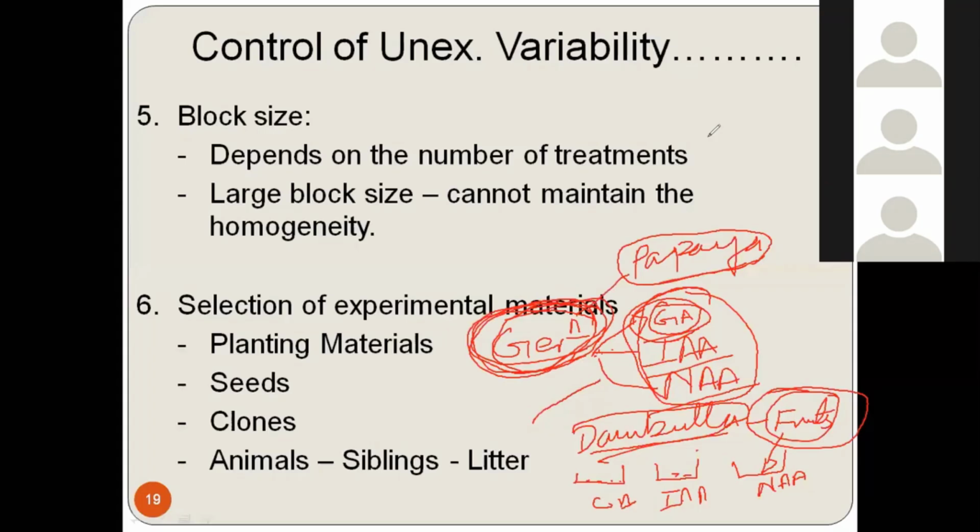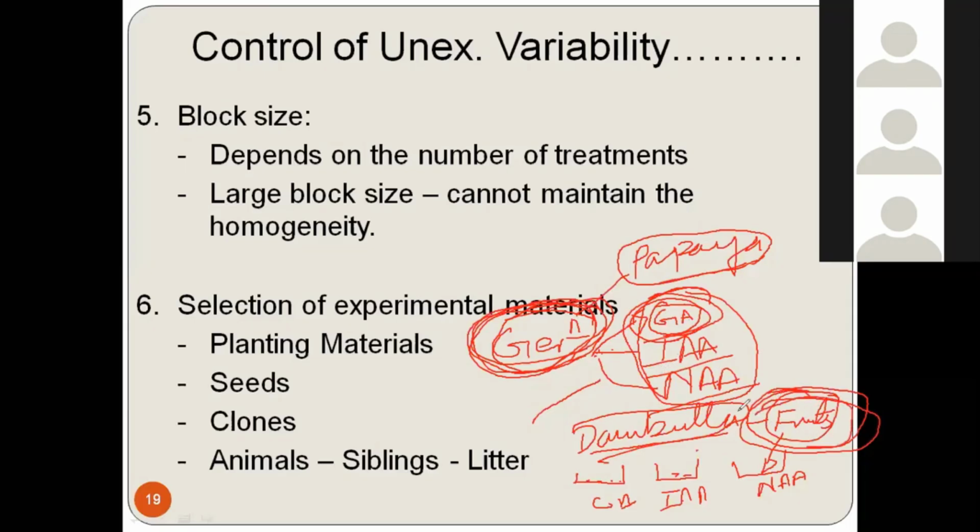That is how we separate them as varieties. But after separating them as varieties, these fruits again cause some variability. If you bring those fruits and put them into the experiment, that is a problem because they already have variability.